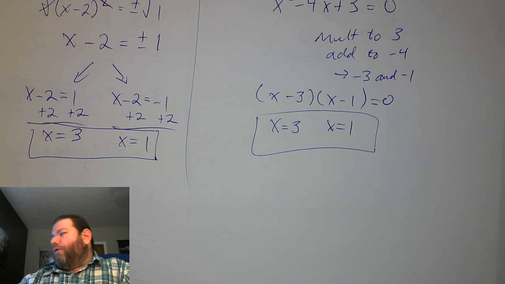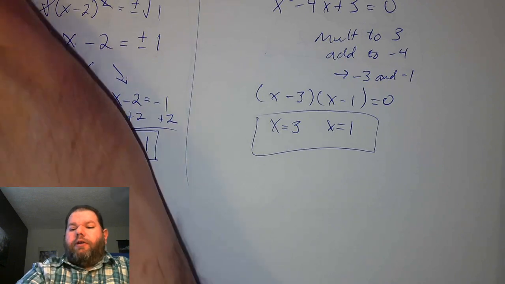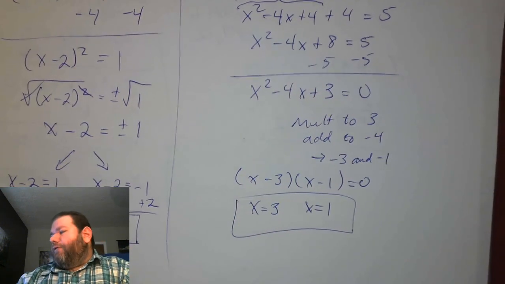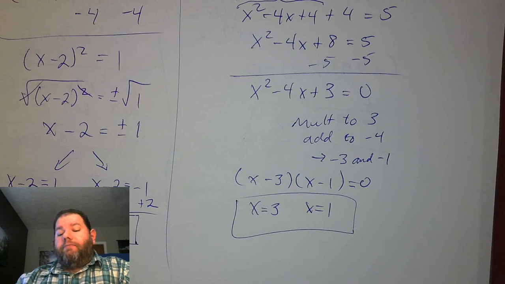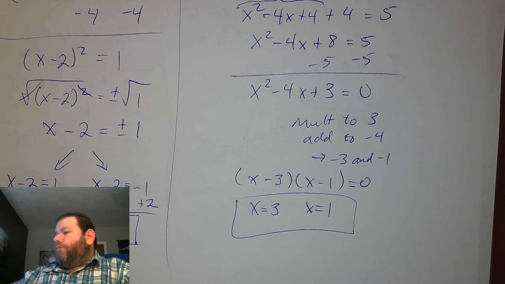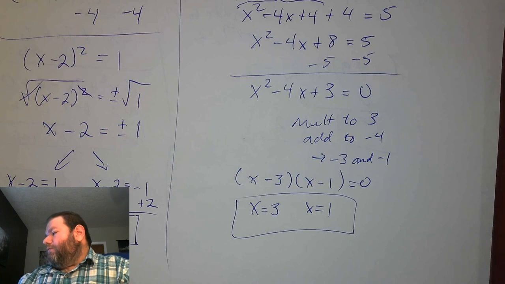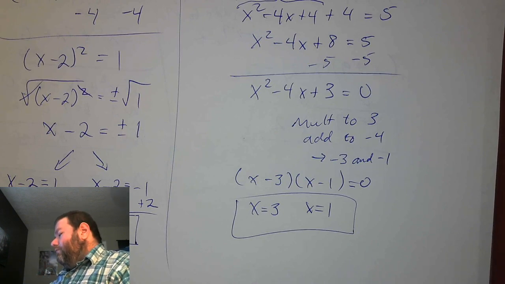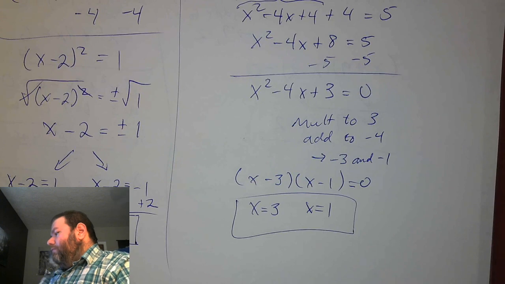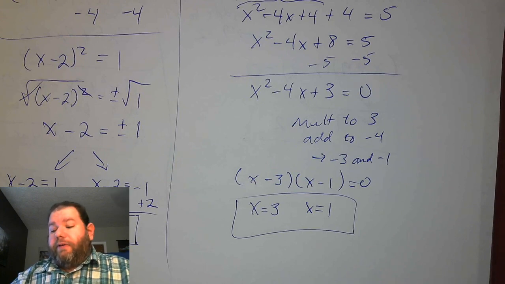But overall, I think the square root method is a lot easier than all the different mathematical operations that go into doing it the other way, where we have to square a binomial, combine all of our like terms, and then end up having to factor from there. Okay, so that's 3.